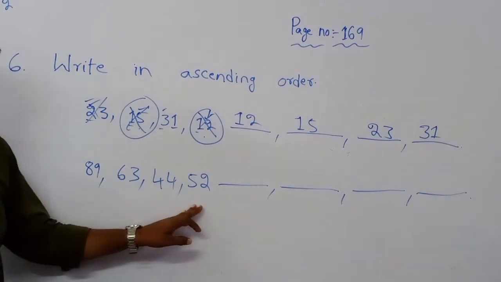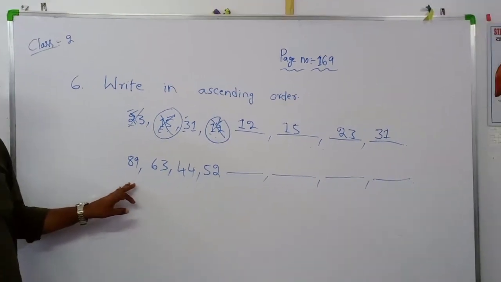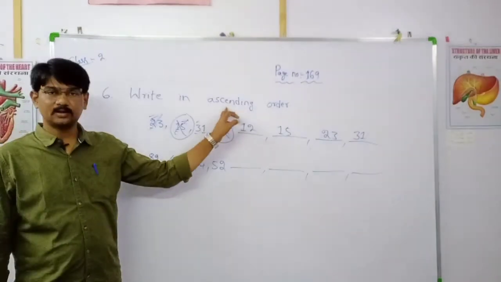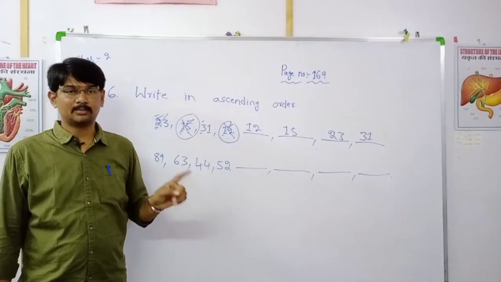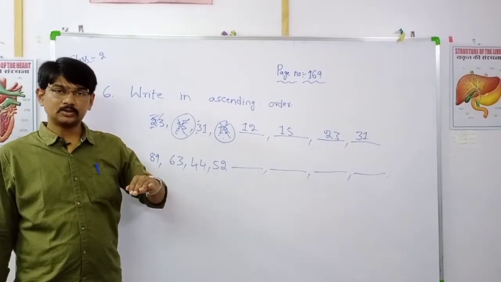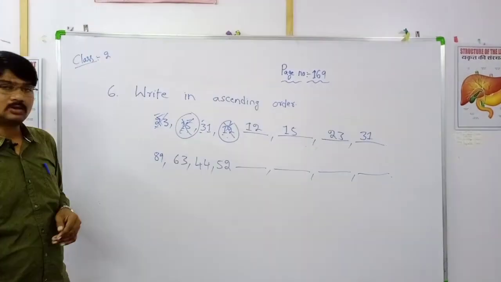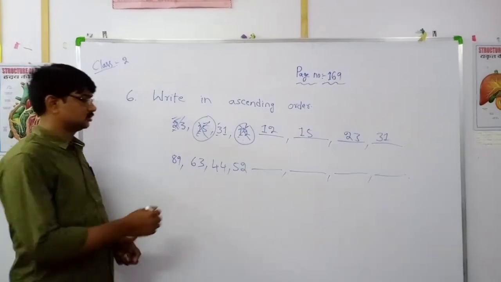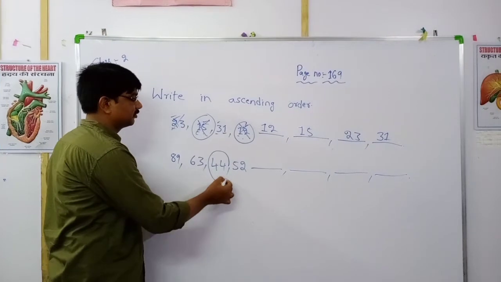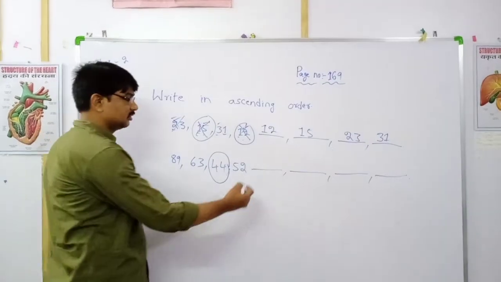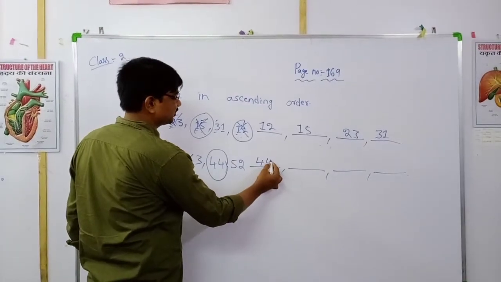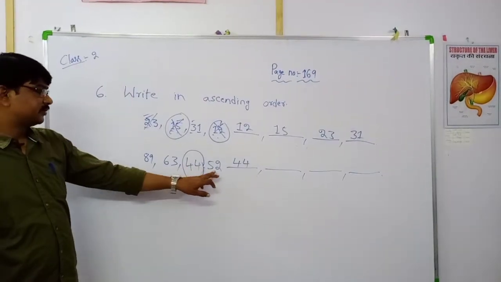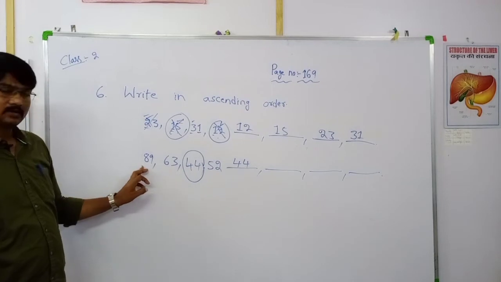From these 4 numbers, first we need to find out the smallest number. Why? Ascending order means writing the numbers small to big. So which is the smallest one? 44 is the smallest number first. 52, 63, 89.